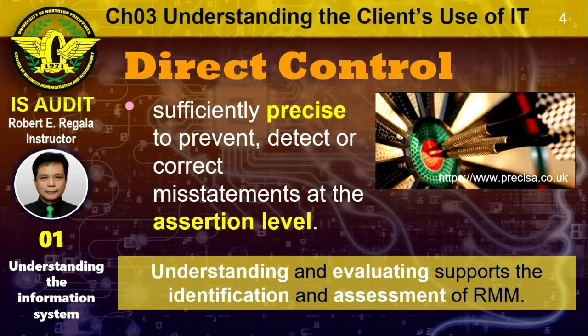This understanding and evaluation may also result in the identification of risks of material misstatement at the financial statement level when the results of the auditor's procedures are inconsistent with expectations about the entity's system of internal control that may have been set based on information obtained during the engagement acceptance or continuance process.